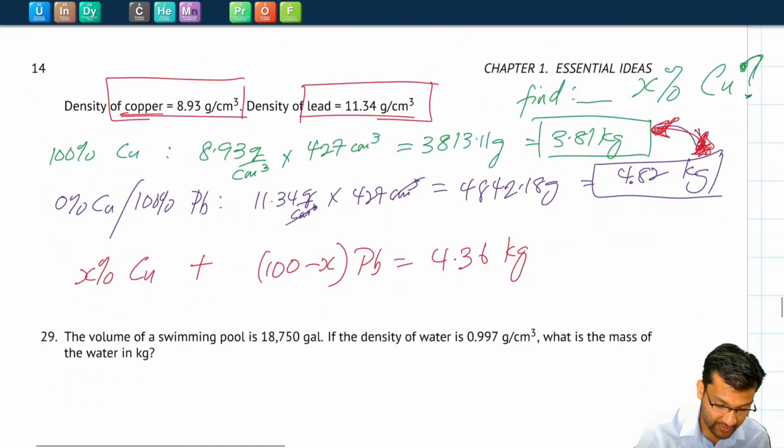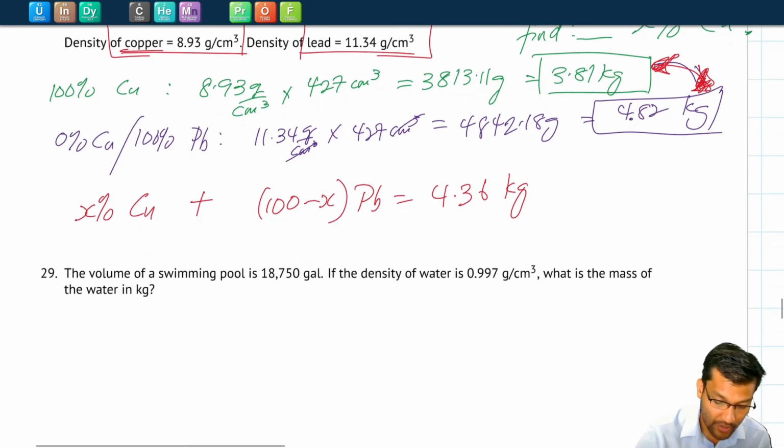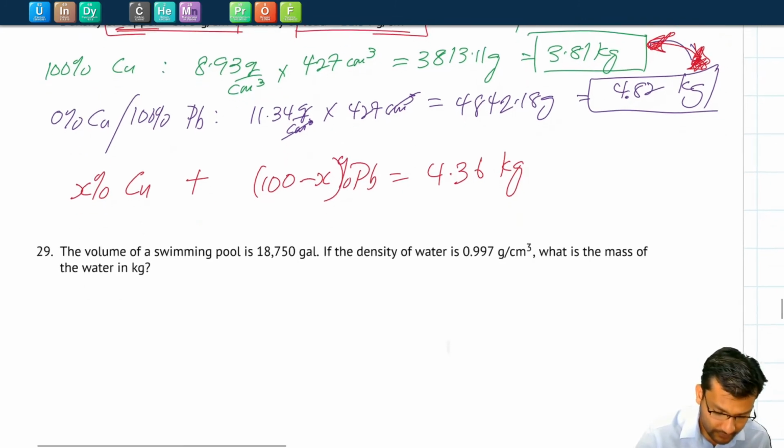So whatever percent of copper and whatever percent of lead we have should add up to 100, the total mass. I use 100 minus X because if copper is 10%, then lead should be 90%, and so on and so forth. And that way we could solve the problem this way. So we forgot the percent sign.